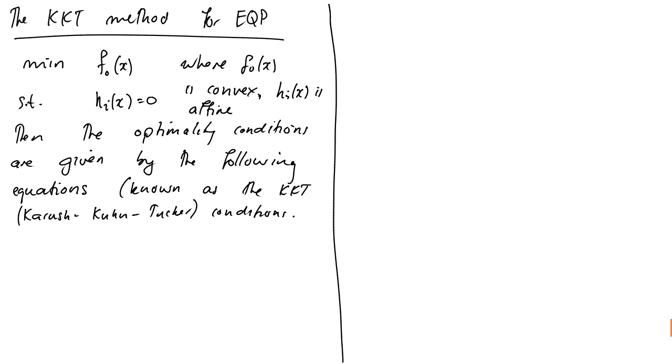Okay, that means a straight line, but possibly with an offset from the origin. Then the following conditions, if we can solve them, will give us an optimum for this problem. And that are these. The first one is obvious. Any optimum we have has to satisfy the equality constraints. Okay, so that's feasibility.